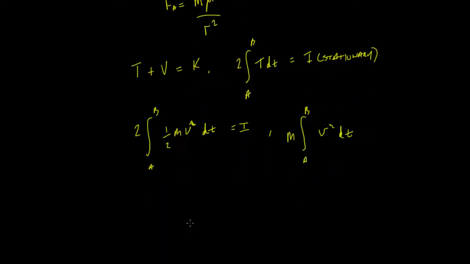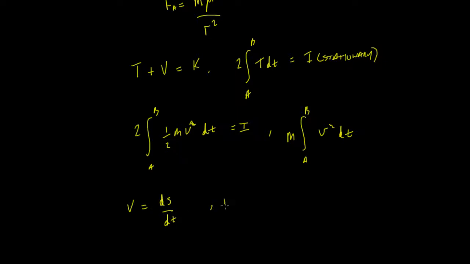Now we're going to look at this not in terms of time t, but in terms of a little displacement ds. The instantaneous velocity is equal to ds by dt, a small displacement s divided by a small displacement t.